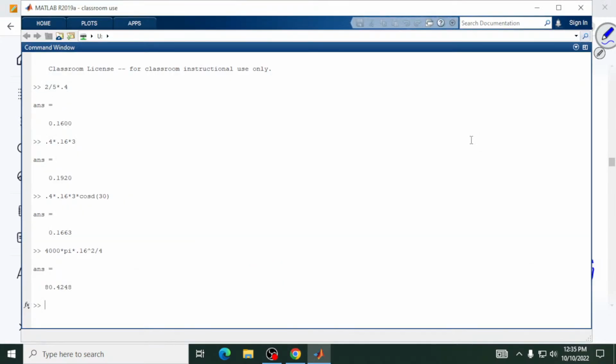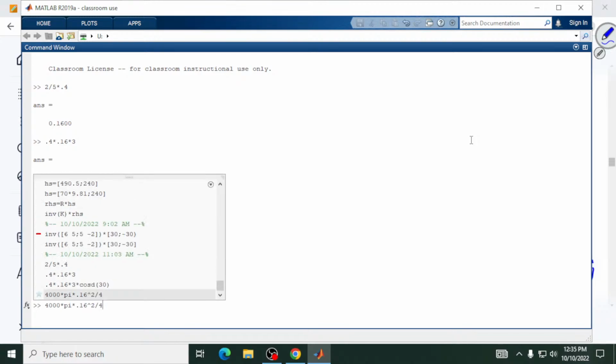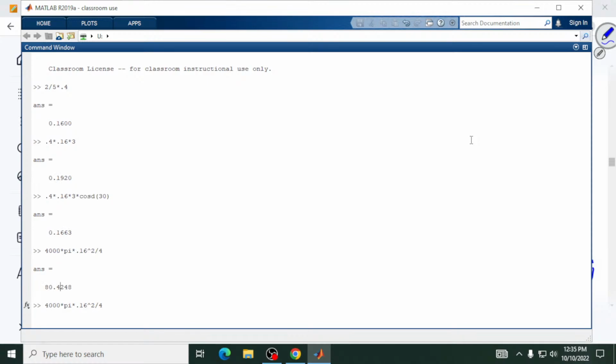If I take this number V... okay, wait. Go up one. That was going to be my 80, so I'll say V is equal to 60 minus that. No, it was going to be that minus 60.